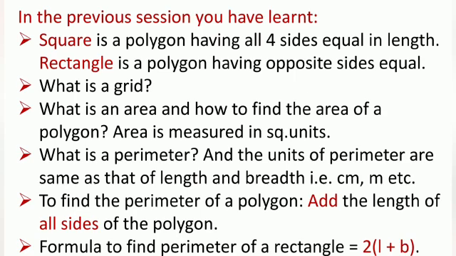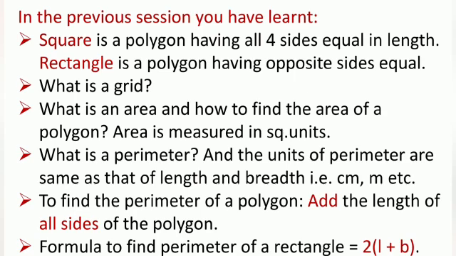Finally, you learned how to find the perimeter of a polygon and also the formula to calculate the perimeter of a rectangle. To find the perimeter of a polygon, you have to add the length of all sides of a polygon.